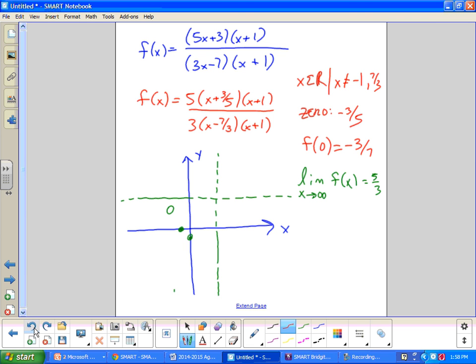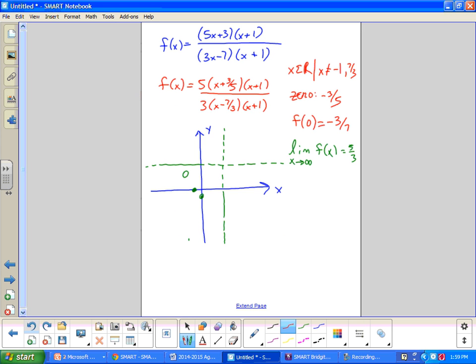So we're going to make the sign table. All right? A sign table always leads to the right answer. So you got x, you got x plus 3/5, you got x minus 7/3, and I have f of x. Again, I dropped the two positive coefficients, 5 and 3.